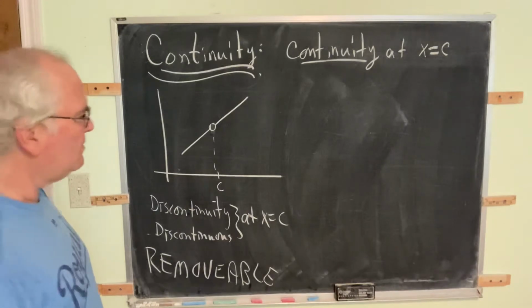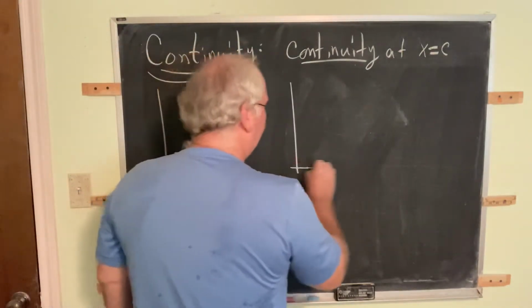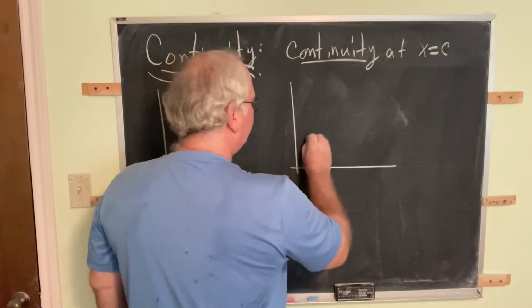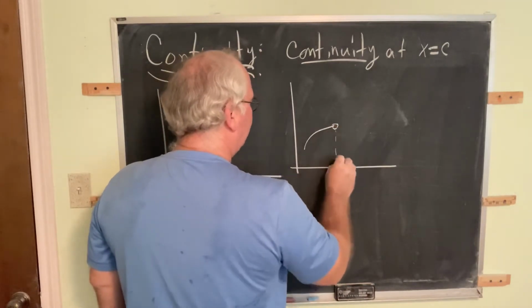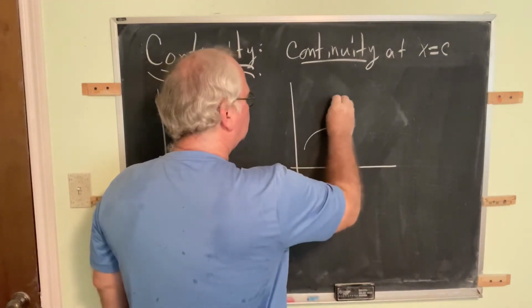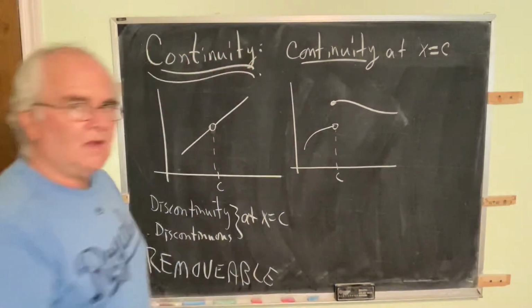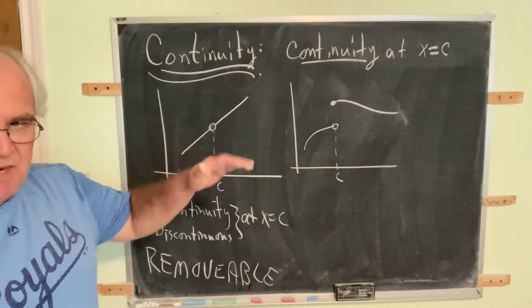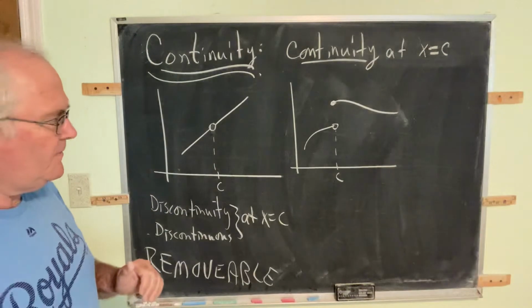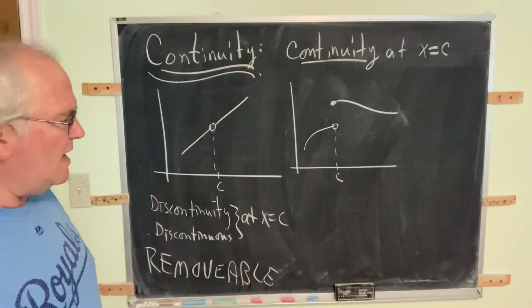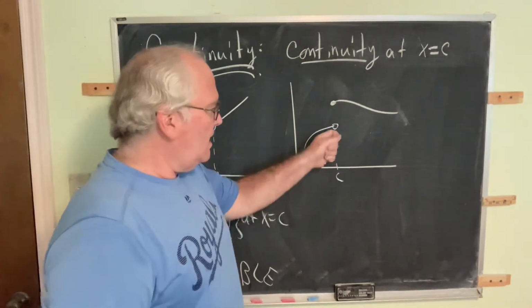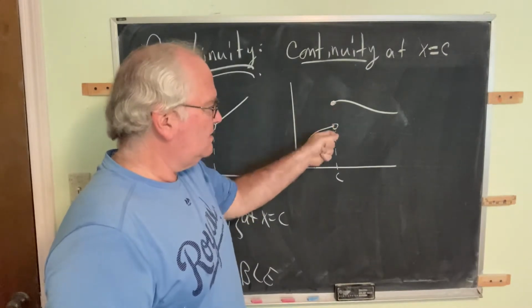Right? There's another kind of thing that can go wrong with continuity. Something like this. Here's my value of c. These are piecewise defined functions. This function is defined piecewise. And so here the function jumps.